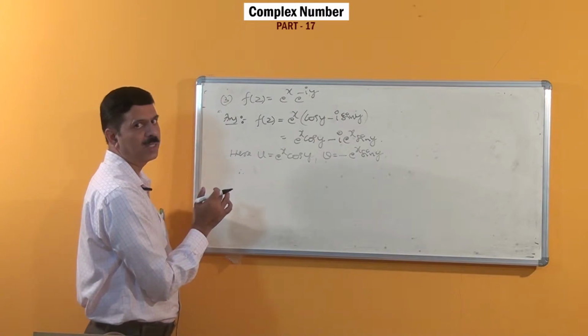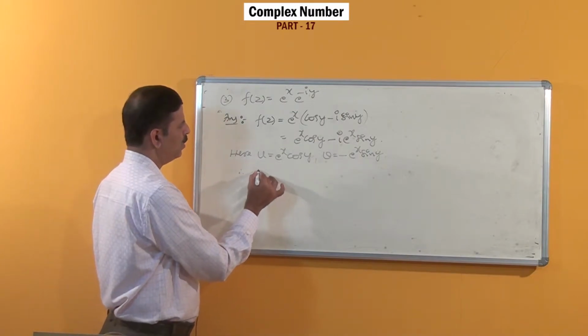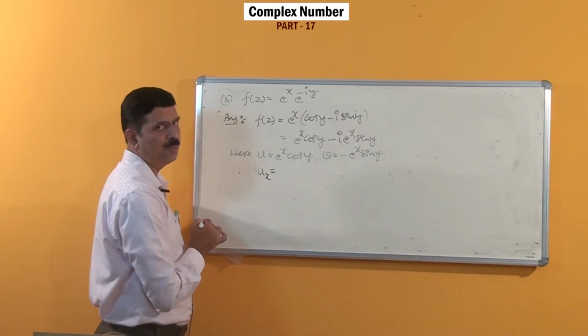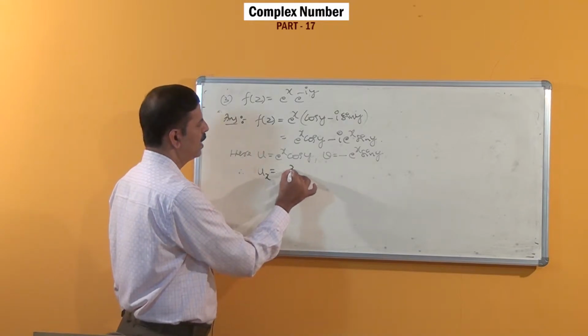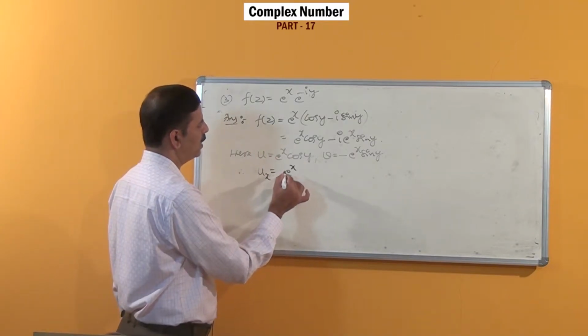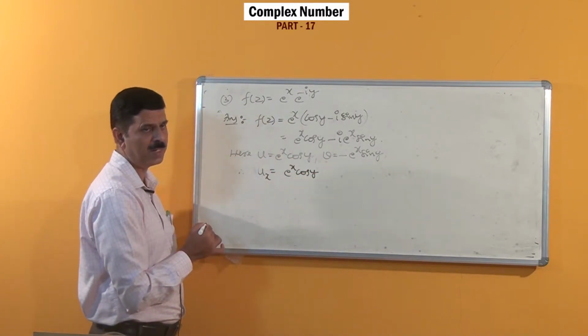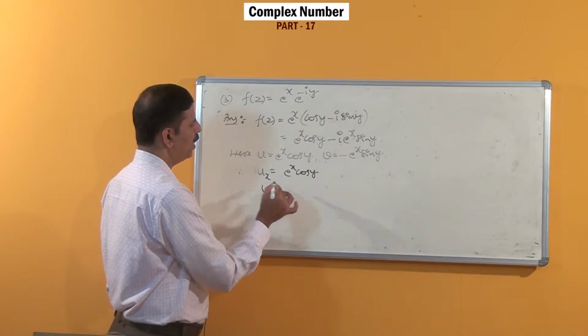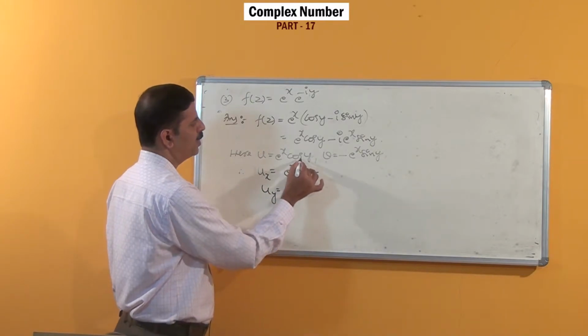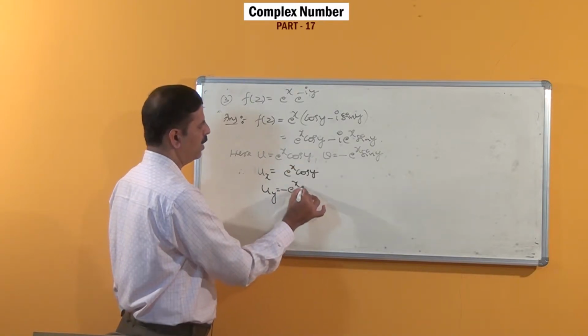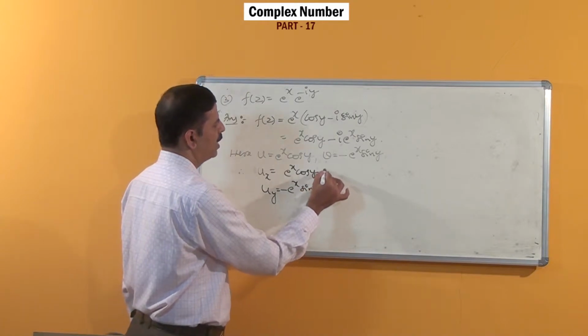Now, let me check the CR equations. What you have to do is take partial derivatives. So ux is e power x cos y, since cos y remains as such with respect to x. Similarly, uy is e power x with respect to y, and the derivative of cos y is minus sin y.